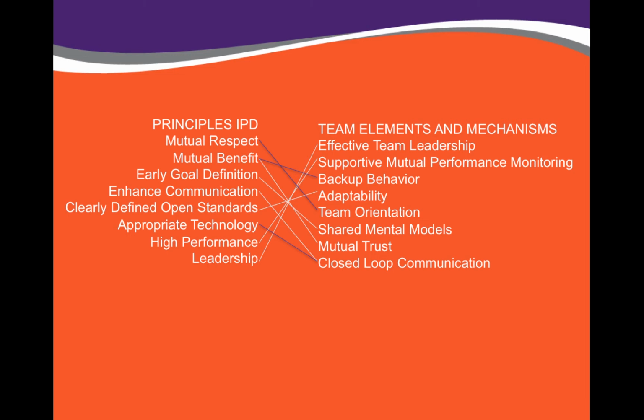For instance, appropriate technology in the principles of IPD is not necessarily a piece of the team elements and mechanisms, but the technologies that we use in IPD do help us with that communication. The mutual respect principle of IPD usually happens with the team orientation, which is part of the team elements and mechanisms. So you can see the principles of IPD and the methods of actually working together as a team are very interrelated.